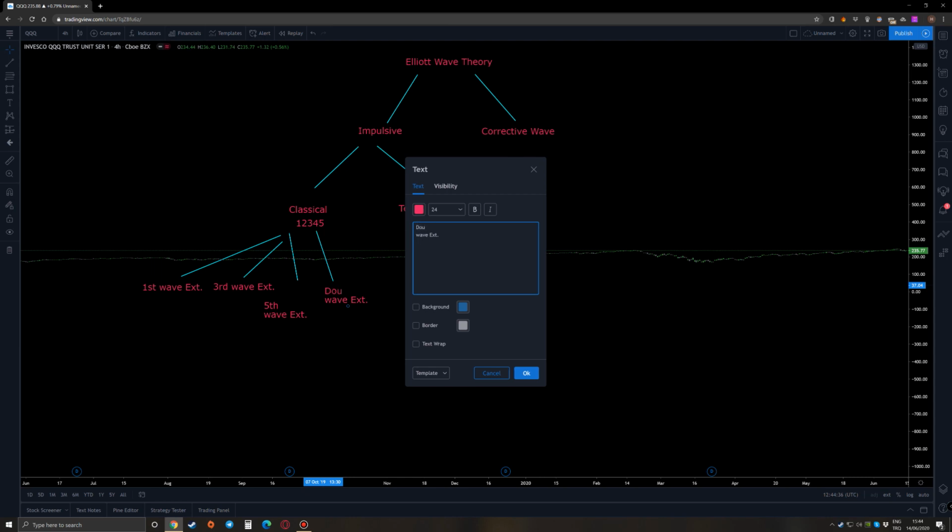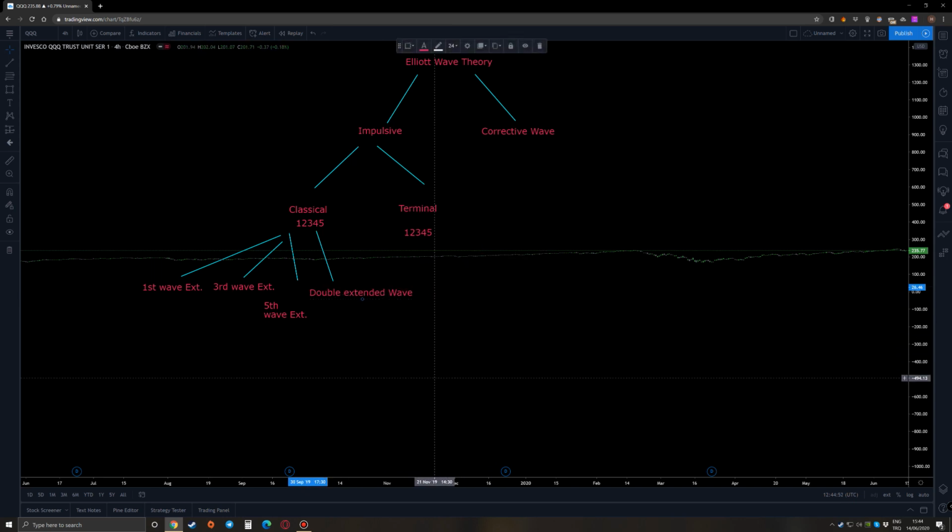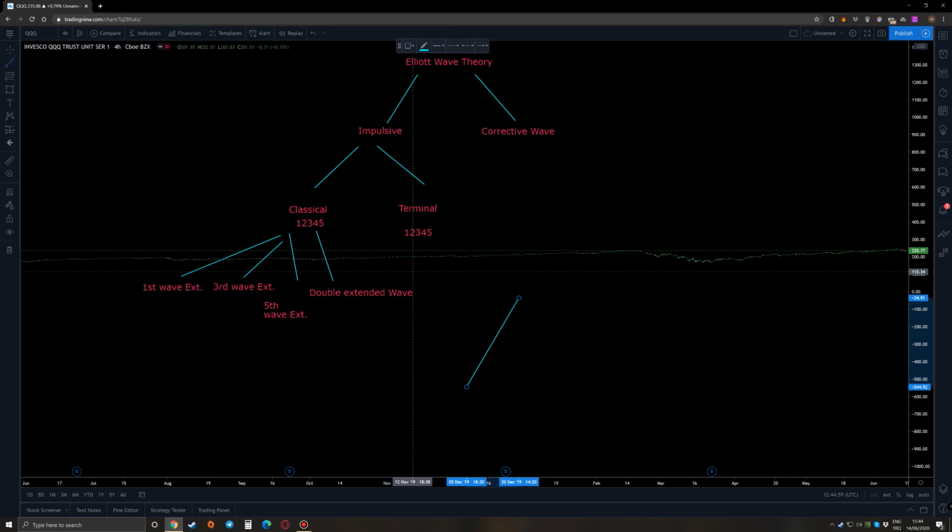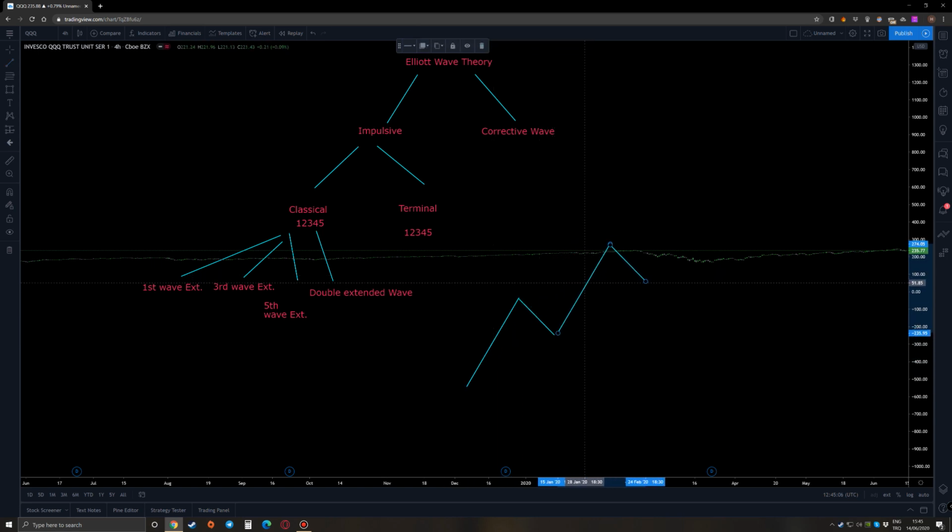Now, double extended waves are so rare that I've never seen one live, to be honest with you. But it looks something like this. You have a 1, 2. Now the third wave is 161.8 of the first wave.